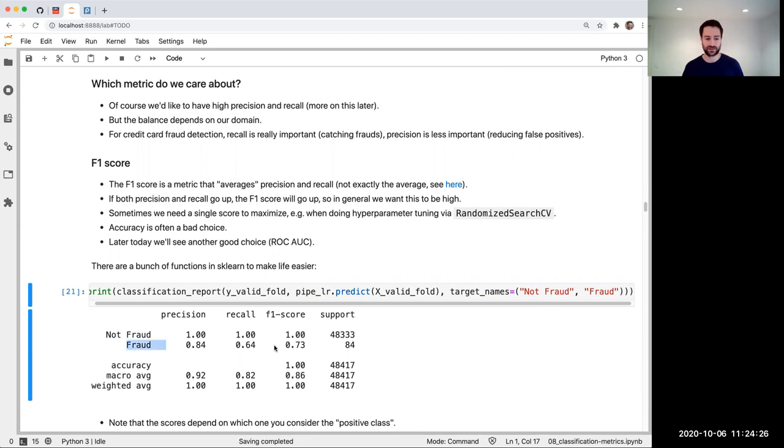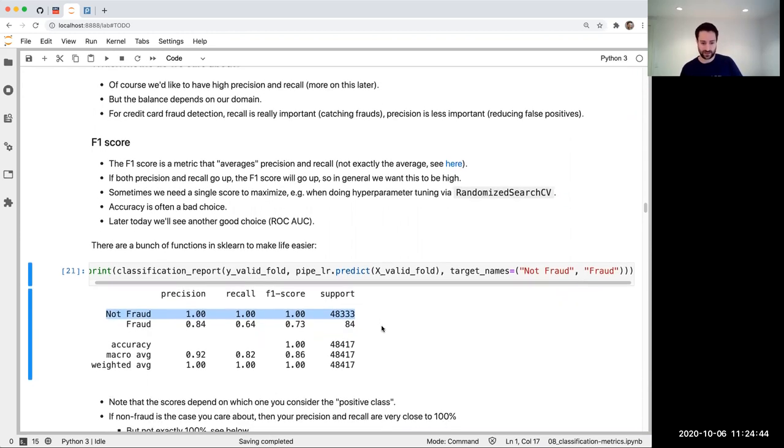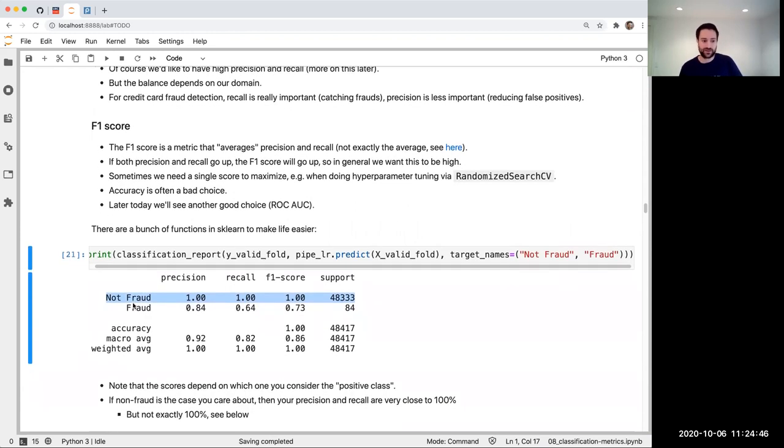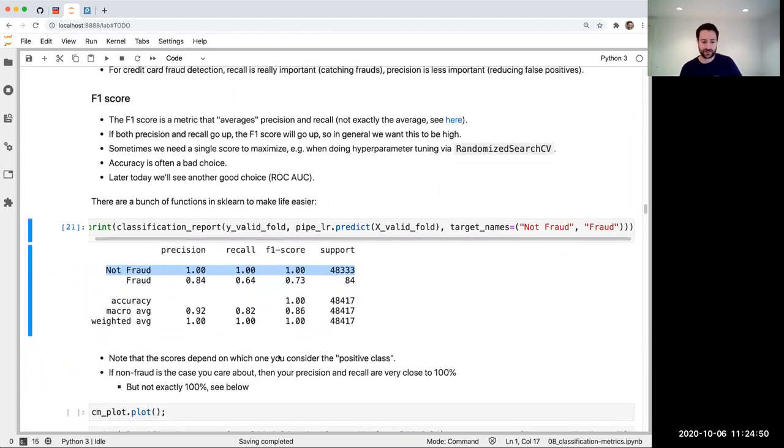And so we care about this row with 84 frauds, precision 84%, recall 64%, F1 score 73. But if not fraud was the positive class, then it's giving you information for that too, which we don't really care about here. But just to let you know, if we really care about not frauds, then basically we're doing great, but that's not actually what's happening here.